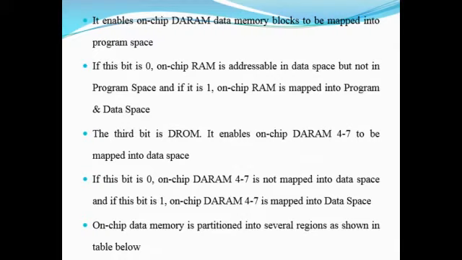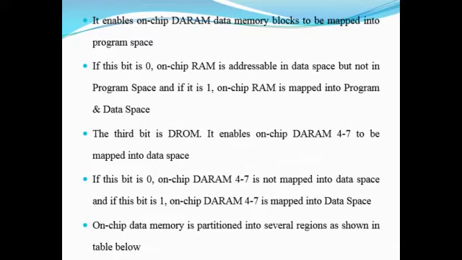So that is what we consider in the DRAM case, if the bit is 0 and 1. If it is 0, it is not mapped to a data space. If it is 1, then only it is mapped to a data space. Then on-chip data memory is partitioned into several regions, so we can see that in the next table.